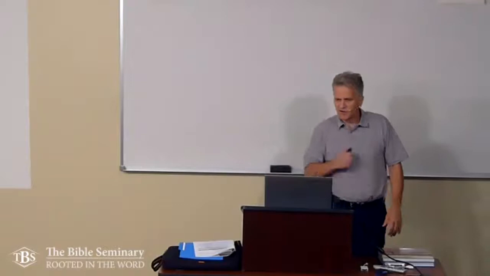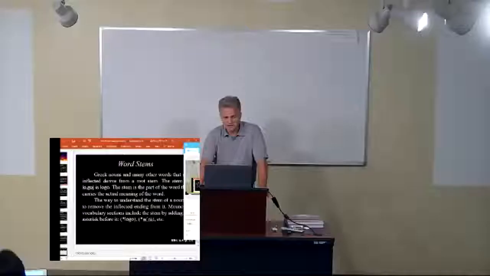Okay, so if there aren't any questions, we'll move on to word stems. Greek nouns and many other words that are inflected derive from a root stem. For example, the stem of logos is logo.